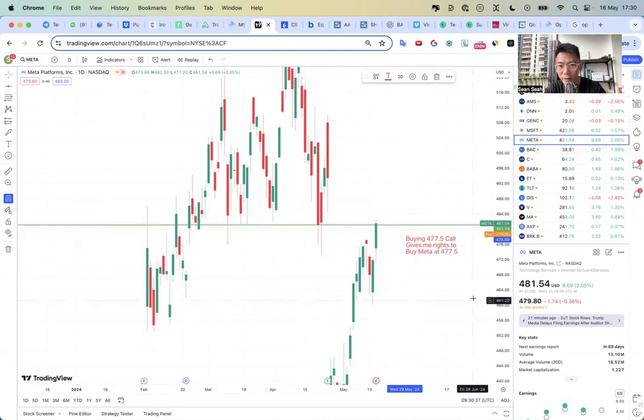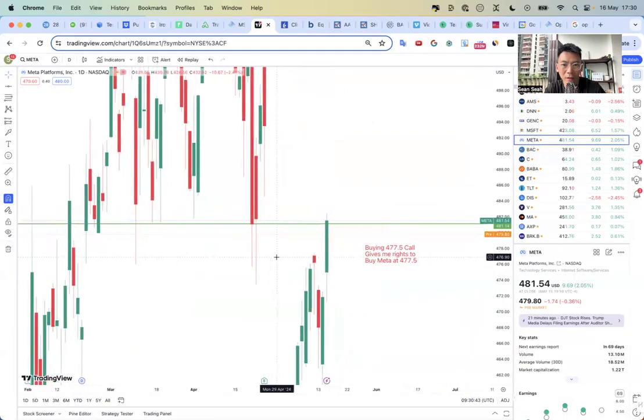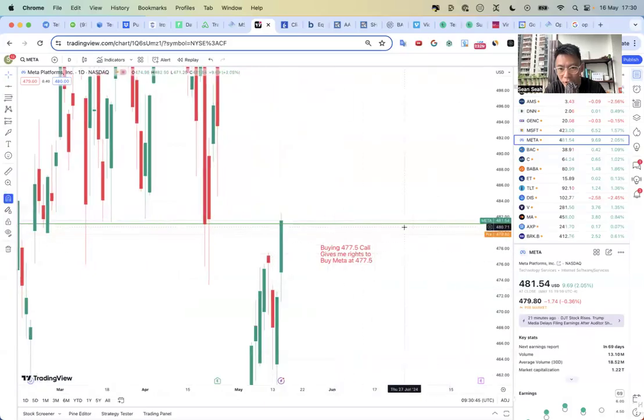Right now, the share price is 479, so it's above. This option is in the money because we can buy the shares at 477.5 and sell at 479.6. You buy at 477, you sell at 479, you're making about $2. So you have an intrinsic value of around $2. Okay, about 90 cents actually.